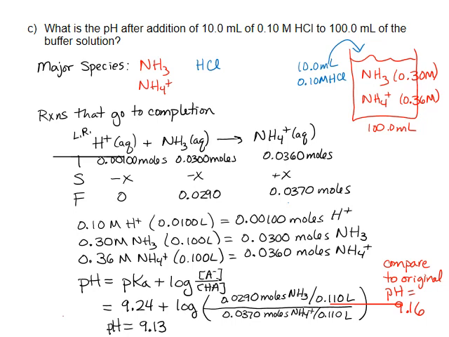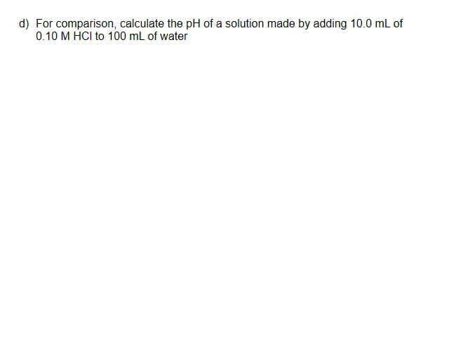But again, the change is pretty small. For comparison, let's calculate the pH of a solution made by adding the same 10 milliliters of 0.1 molar HCl, but instead of adding it to 100 milliliters of buffer, let's add it to 100 milliliters of water.